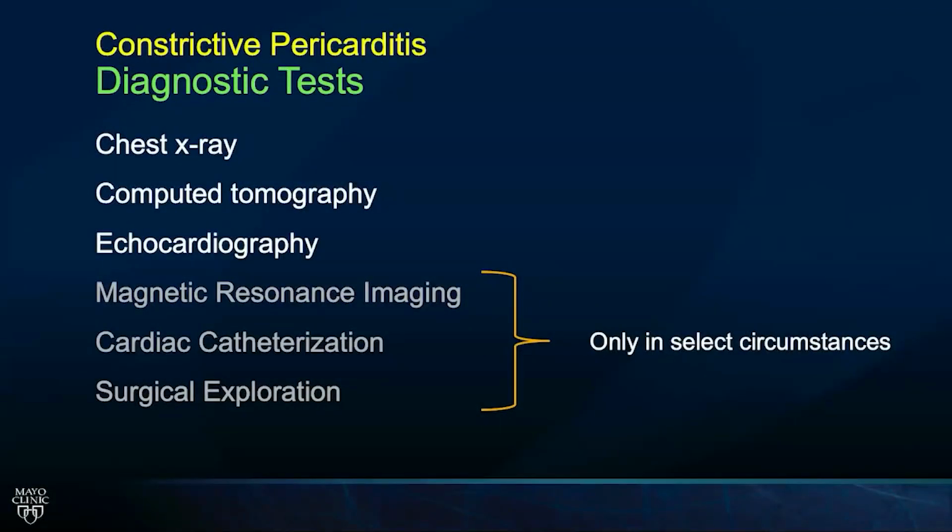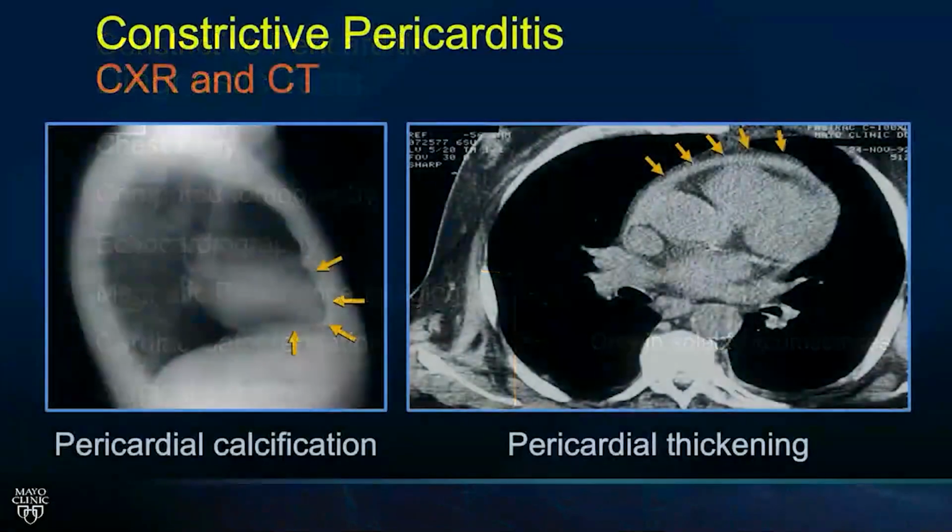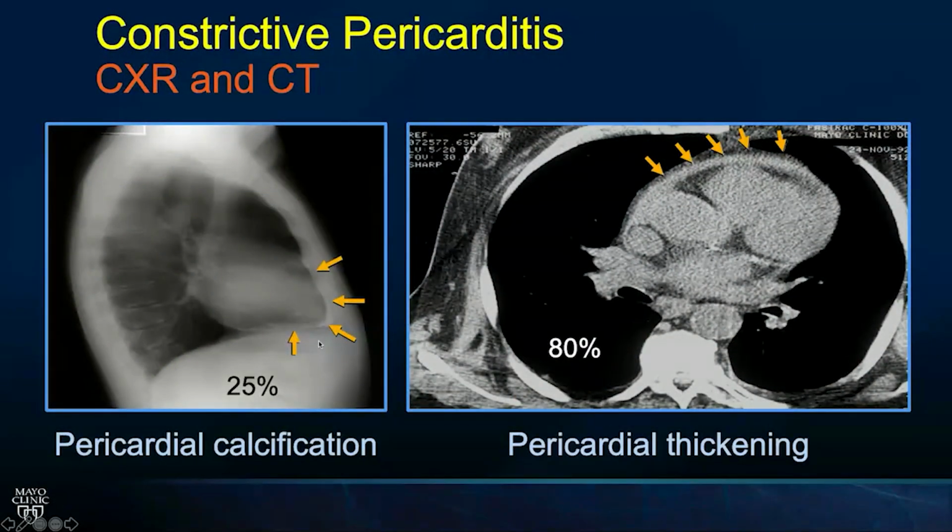To make the diagnosis of constrictive pericarditis, we need an echo and a chest X-ray. Often we get a CT scan to look for pericardial thickness, and you need those bottom ones only in select circumstances where you don't know what's going on after the first three. This is the chest X-ray lateral view of someone with constrictive pericarditis.